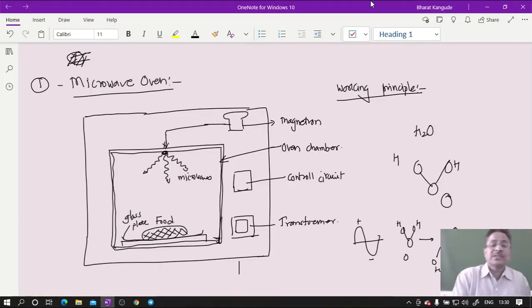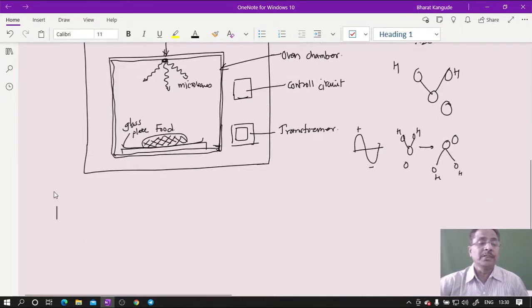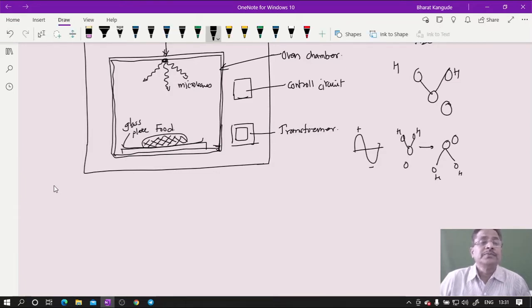So let's go for the first, that is the microwave oven. Now its working principle. Let's write it briefly.